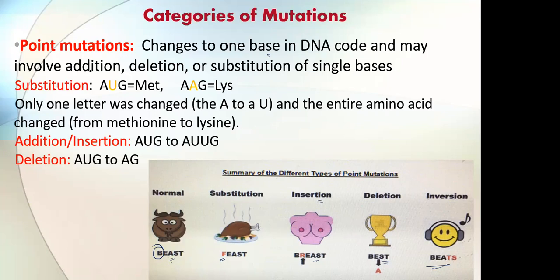And it can happen with addition of a nucleotide, deletion, or substitution of a single base. So AUG, that's the start codon, methionine. The U got replaced with A, so instead of methionine, the cell is going to make lysine.